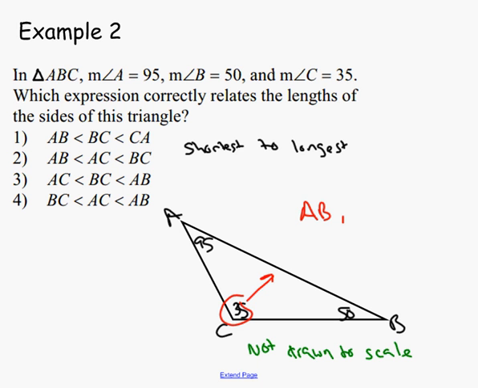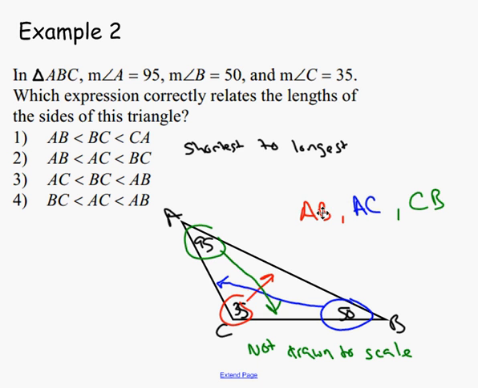The next one, going in order from shortest to longest, would be side AC, because it's across the 50-degree angle, which is the second largest angle. And then the biggest side would be side CB.